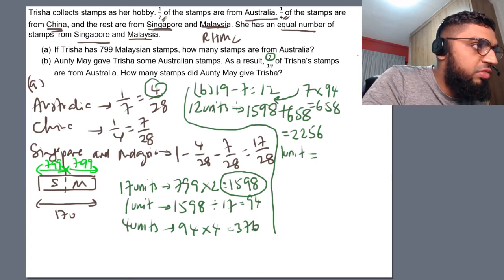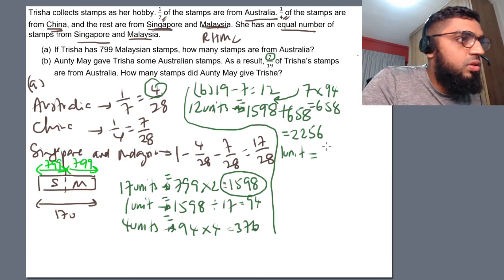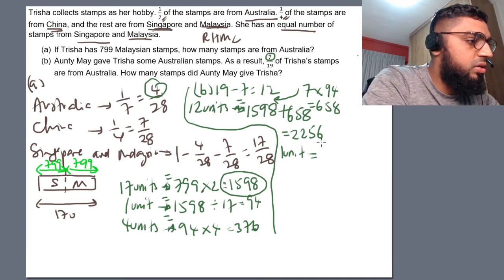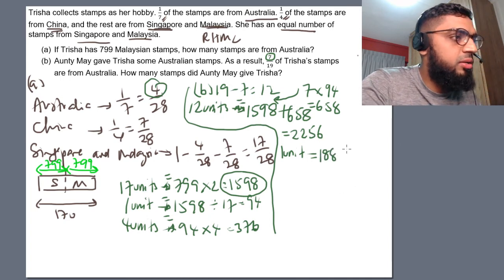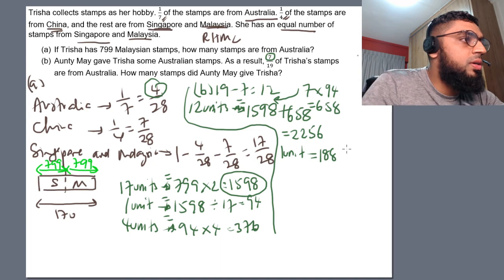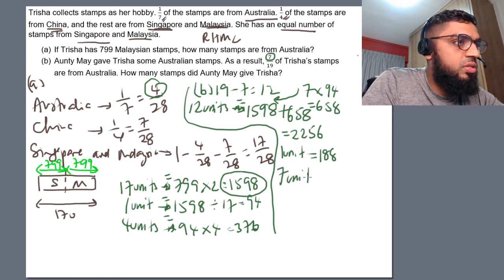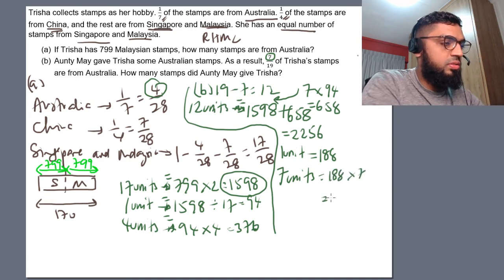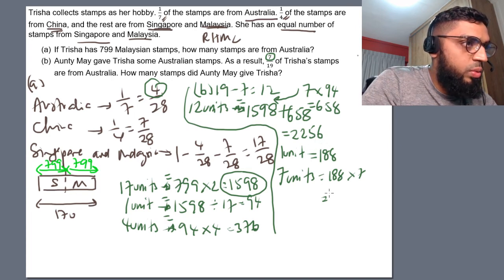Again, after the word units, please write equal signs. This should not be arrows, it should be equal signs. 2256 divided by 12 gives 188. Then I can find the new number of Australian stamps, which is 7 units. 188 times 7 is 1316.